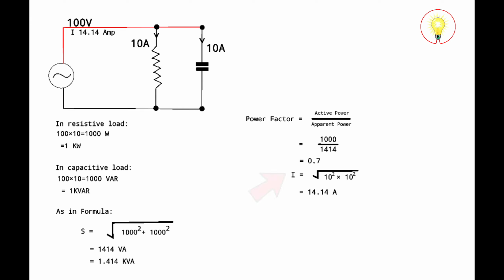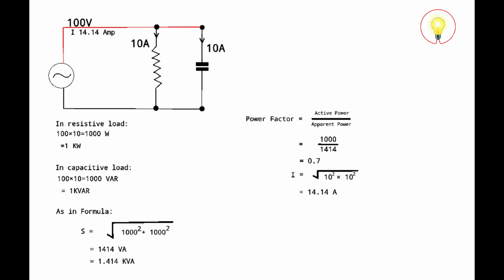And here the total current flowing is I equals the square root of 10 squared plus 10 squared equals 14.14 ampere.